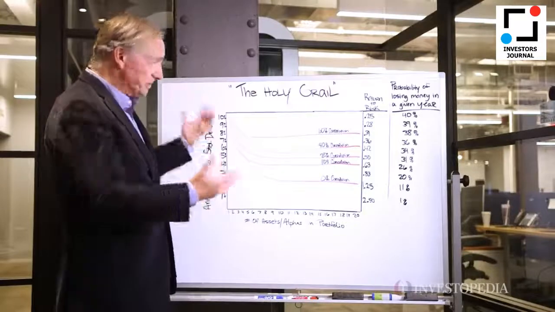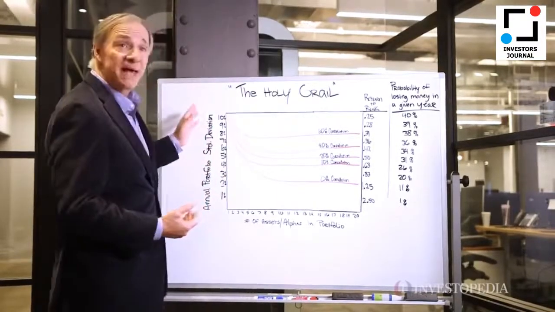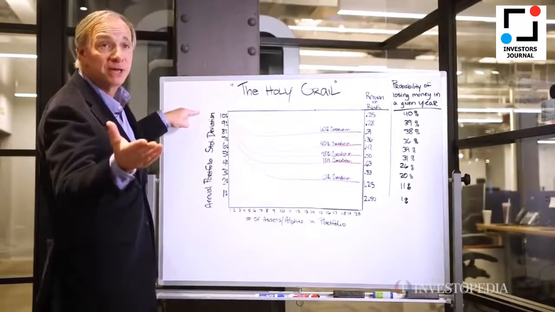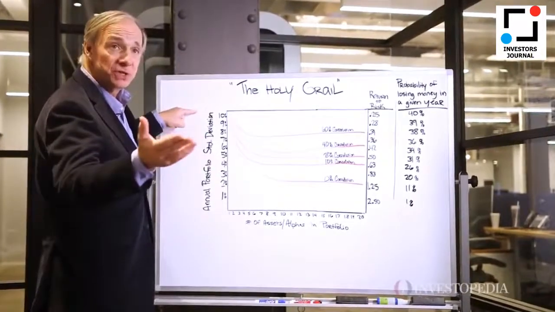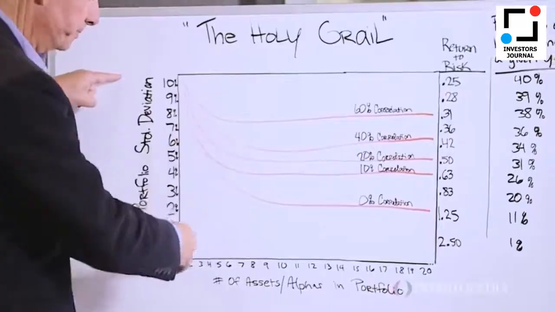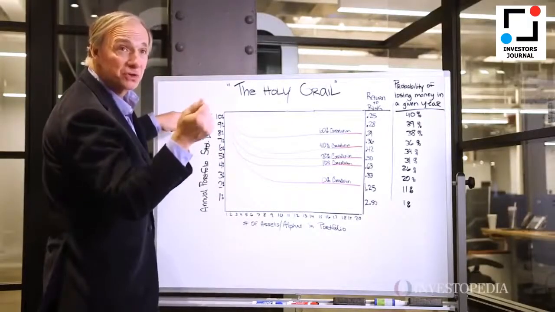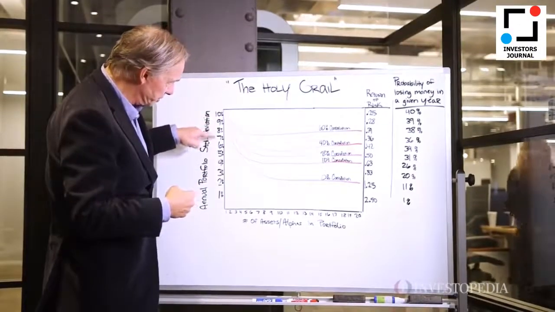So that's what this chart shows. Imagine you have a 10% average return, and you don't know which bet is going to be better. It has a 10% average return and a 10% risk, and you add in a second and a third and so on. You're not going to lose the 10%, because you're still going to have that 10% return, but you're going to have a reduction in risk.